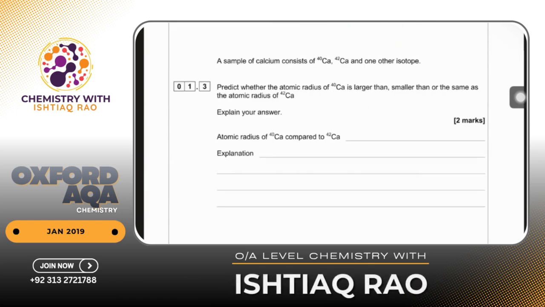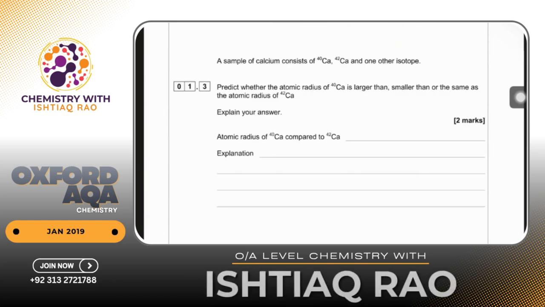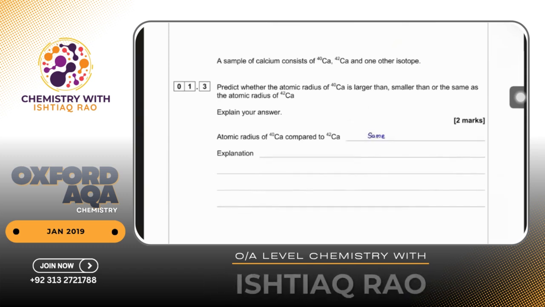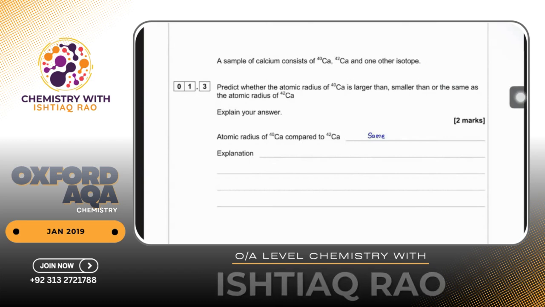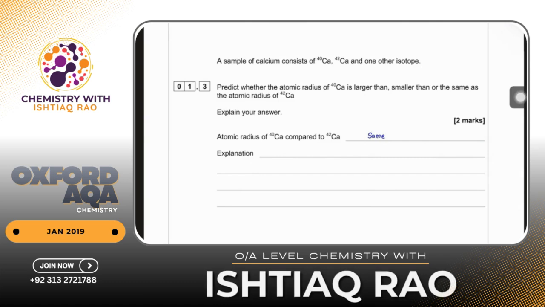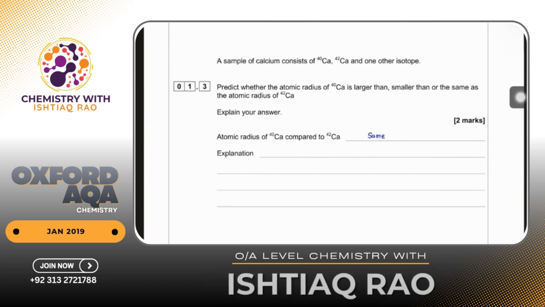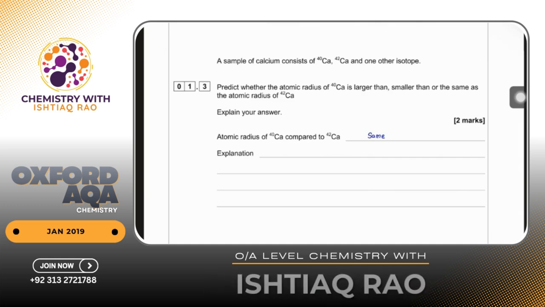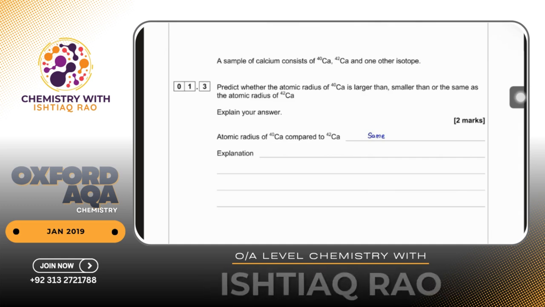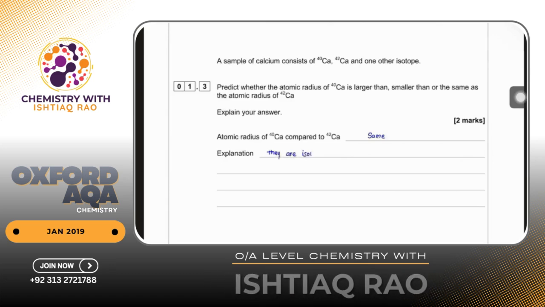Basically it would be the same because atomic radius is related to the number of electrons and protons, right? They are isotopes of each other.